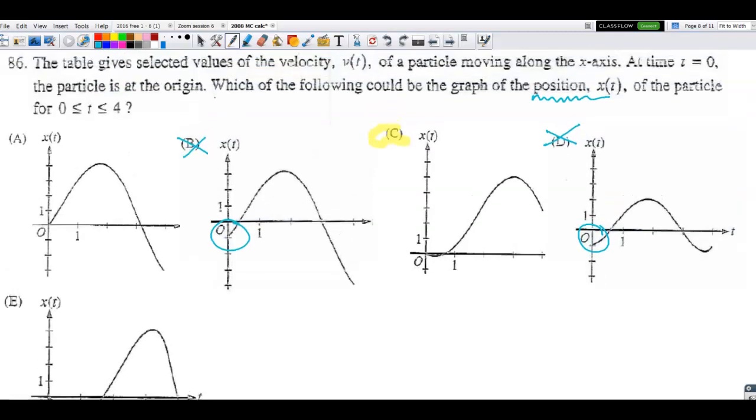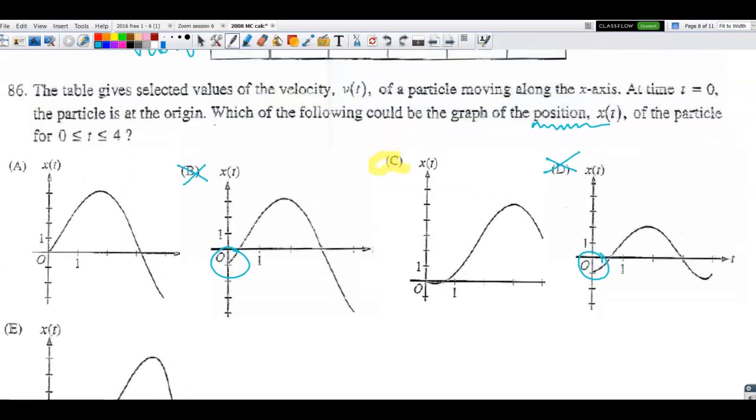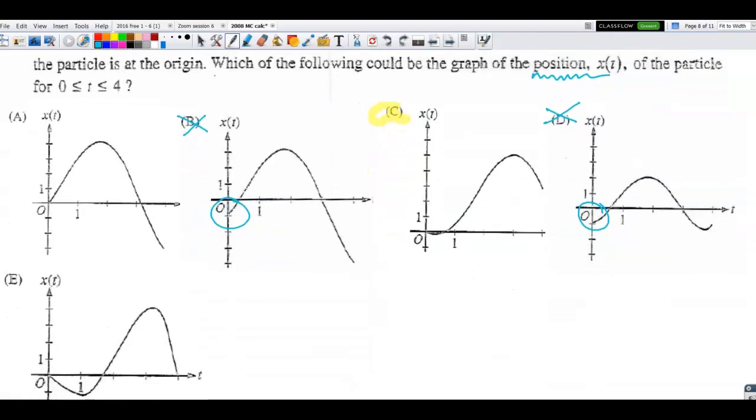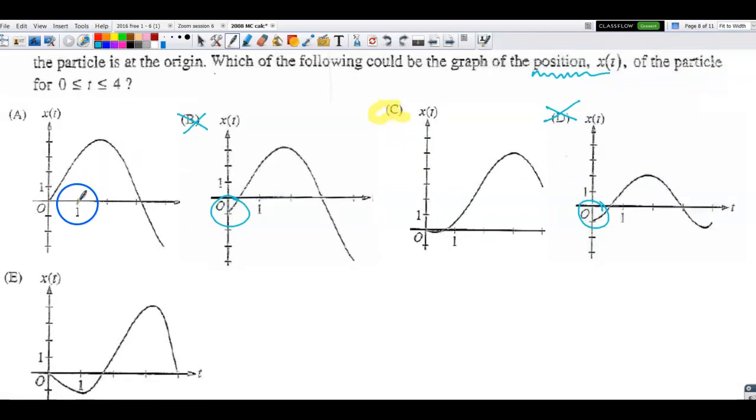All right, let's go back and see what else they told us. We have specific values given. Now, something that's interesting to me is that the velocity at 3 is 0. So when I come over here, 1, 2, 3, the slope here is not 0.